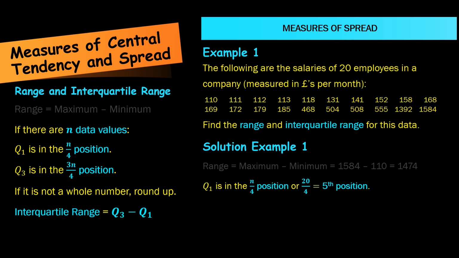So Q1 is in the 20 over 4th position, which is the 5th position. So Q1 equals 118. And Q3 is in the 3n over 4th position. So substituting 20 in place of n gives us 60 over 4, which is the 15th position.